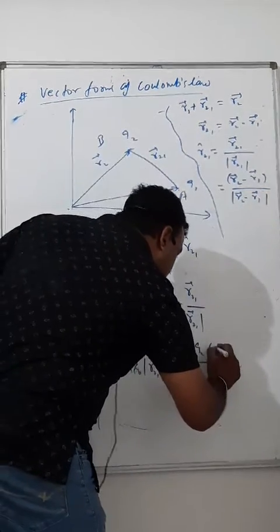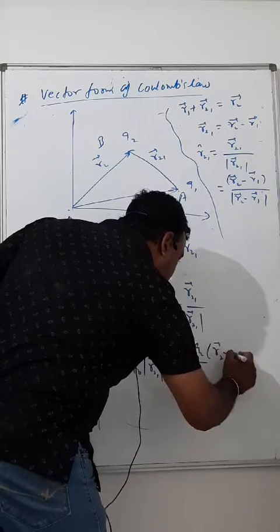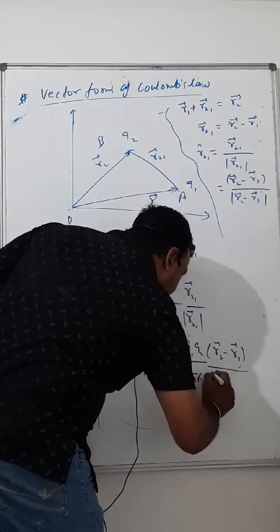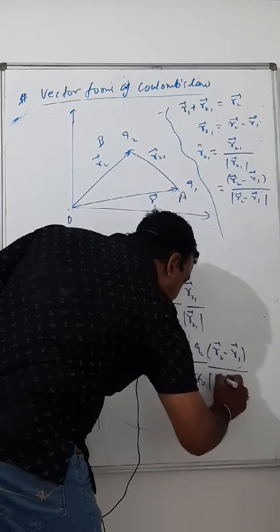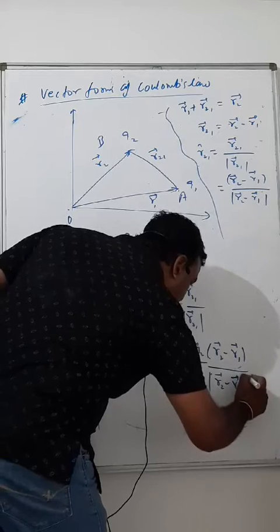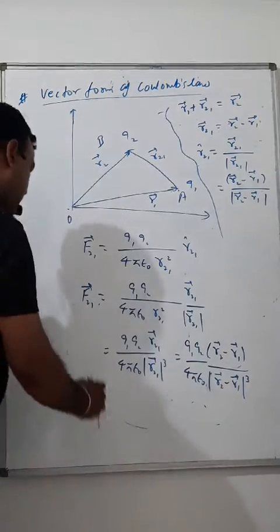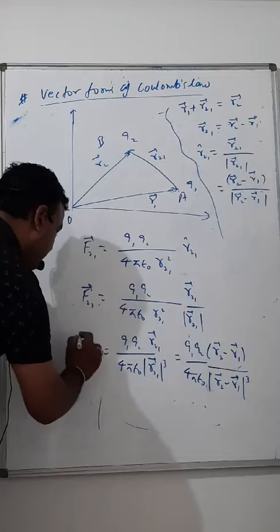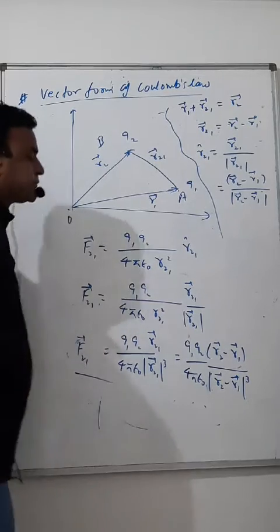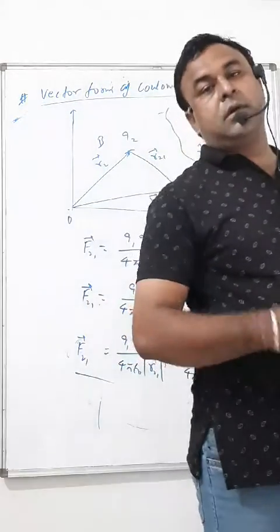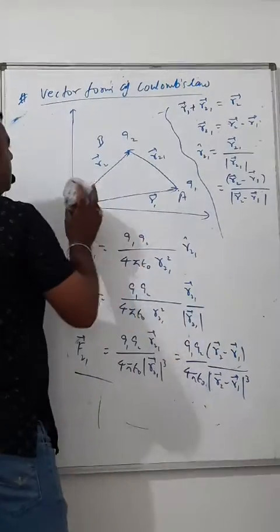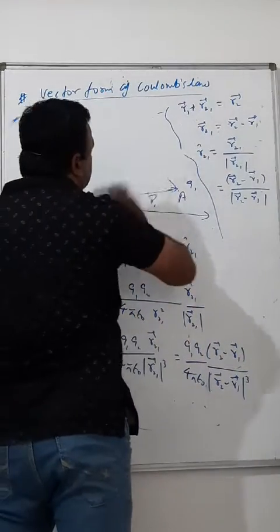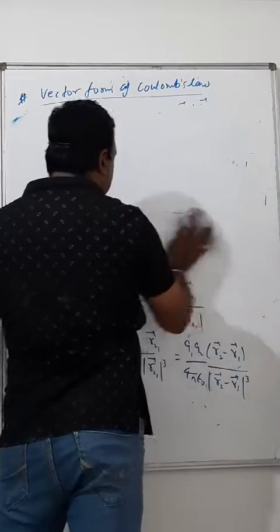R21 is R2 minus R1, and the denominator becomes R2 minus R1 mod cube. This is the formula for the force in vector form. Of course, we'll have to take a good example here. Then we can understand it clearly.